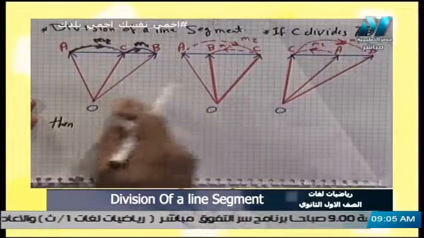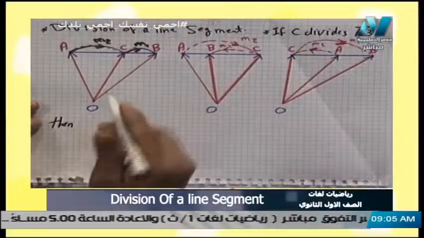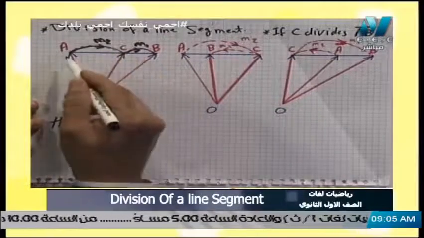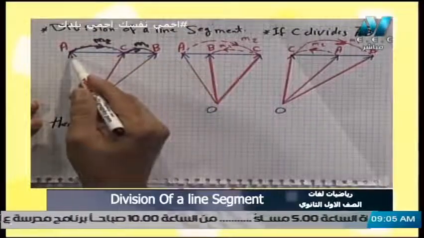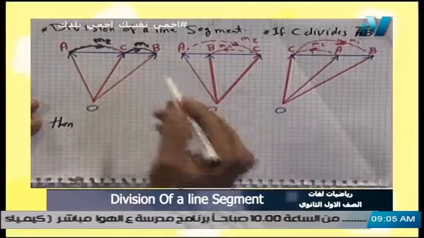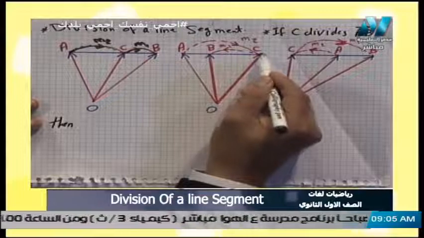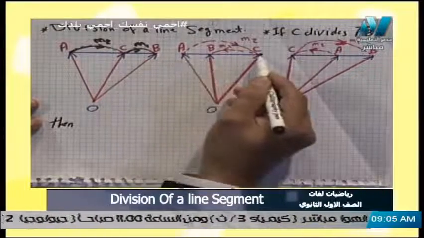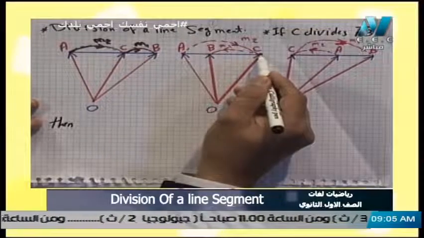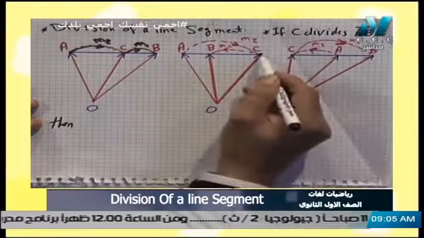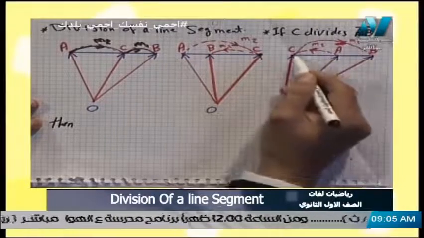We have three figures for that. If C is between A and B, it is an internal division. If C is outside AB, from the right or from the left, then it is an external division.